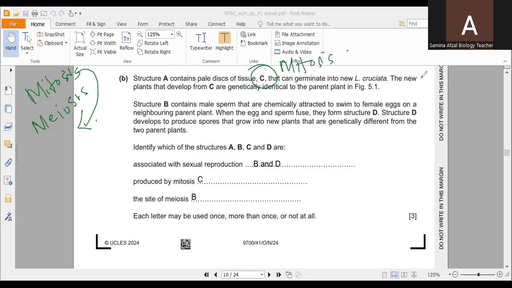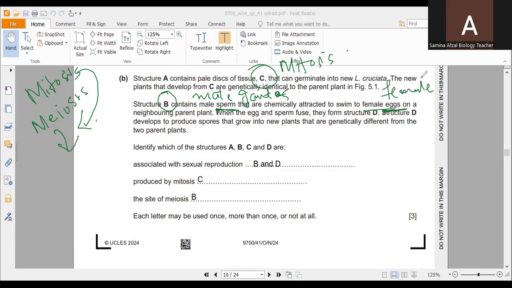And now we will move towards structure B, which contains male sperms that are chemically attracted to swim to female eggs on a neighboring parent plant. Male sperms means the gametes: sperms are male gametes, eggs are female gametes.